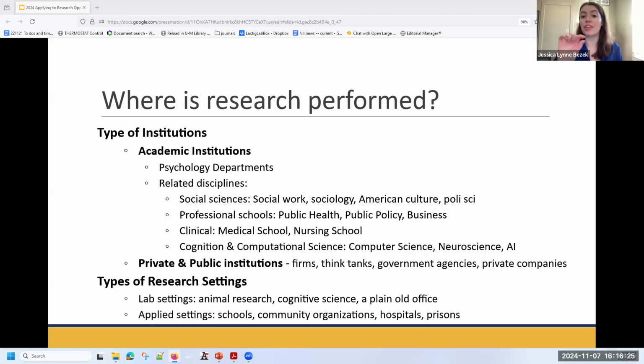And the bullet that we have here about lab settings also highlights that there are many different places you can engage in research. So even within one psychology department, there are going to be people doing animal research. There'll be people working with humans. There's more cognitive sciences. There are a lot of different arenas, I guess you'd say, that you can get involved in.